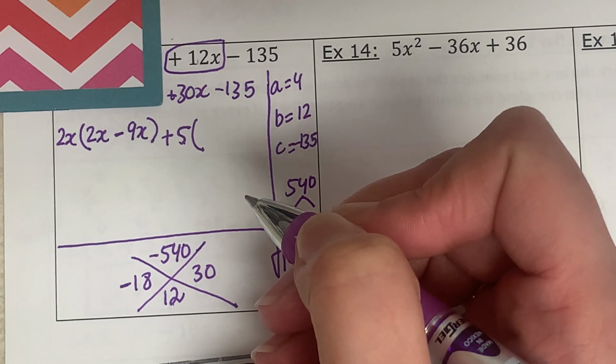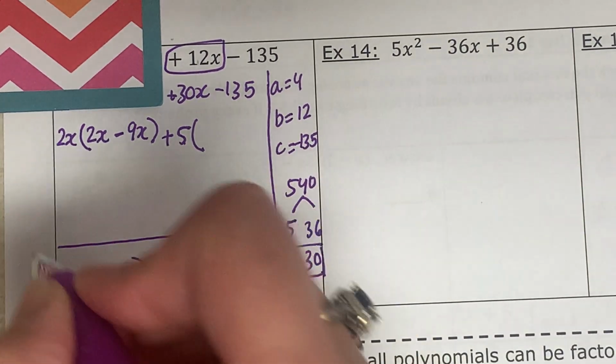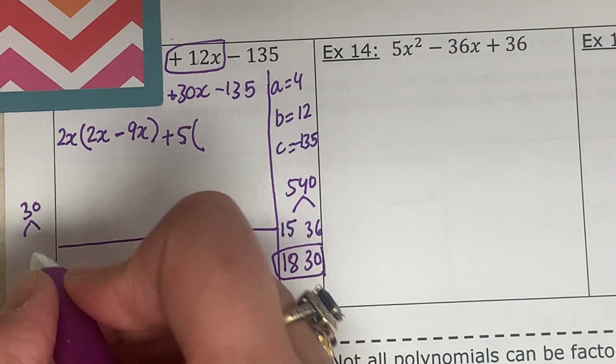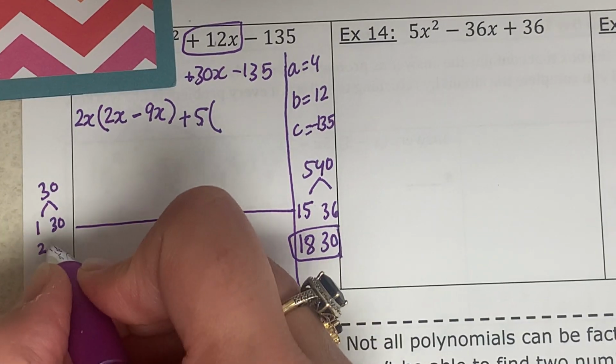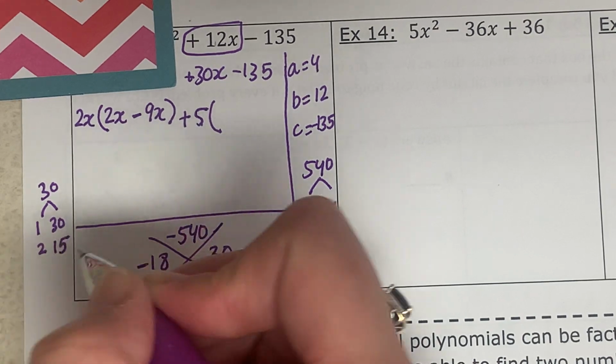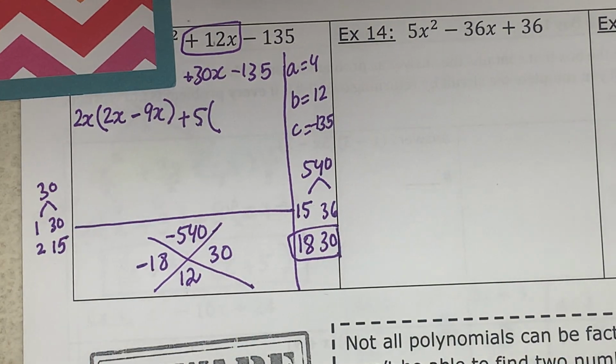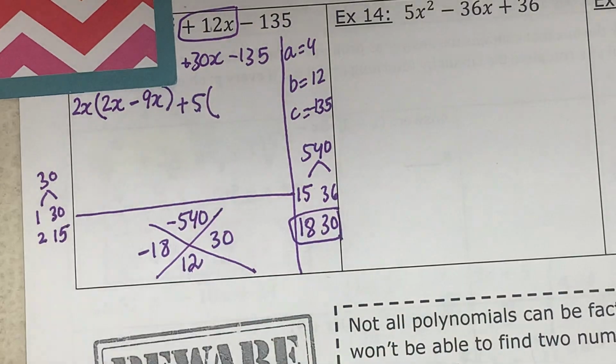Okay, let me see if there are other factors that I can use. 1 times 30, 2 times 15. Oh, looks like 15. Let me check if 135 is divisible by 15. It is. It has to be 15.